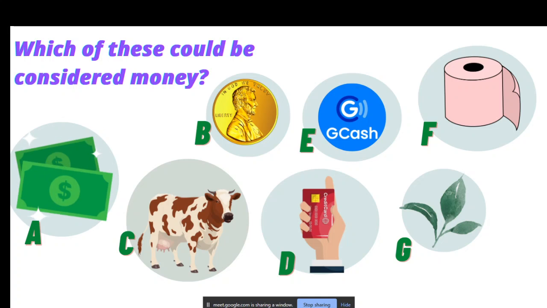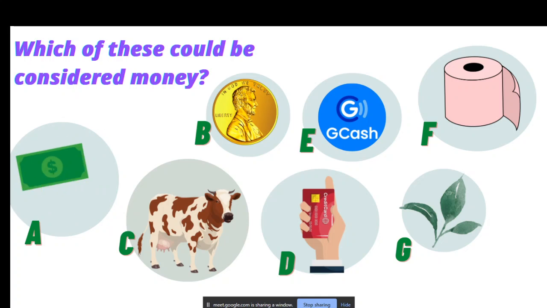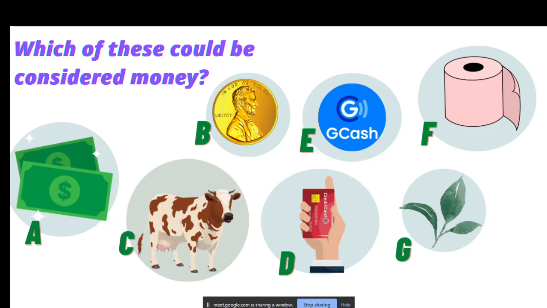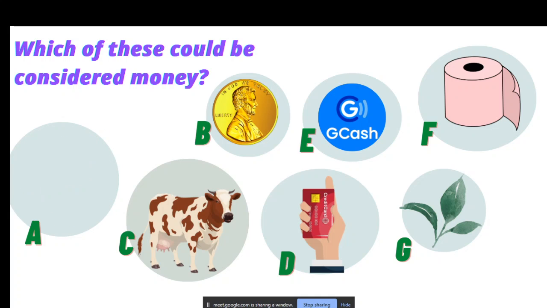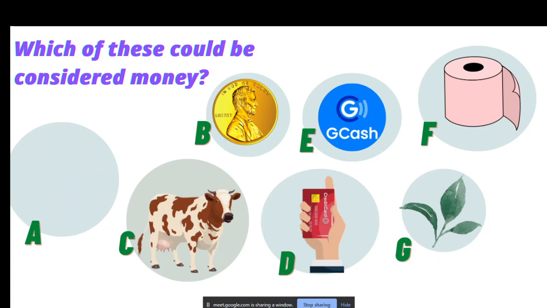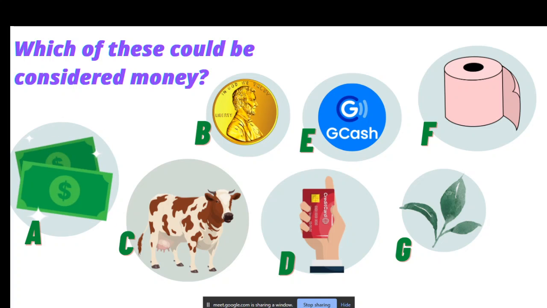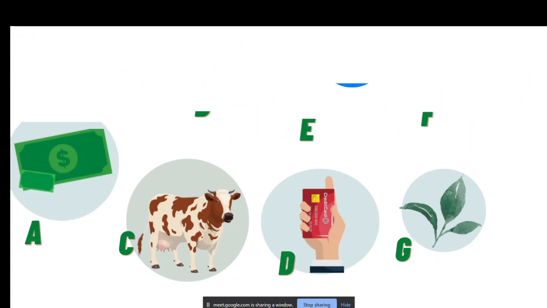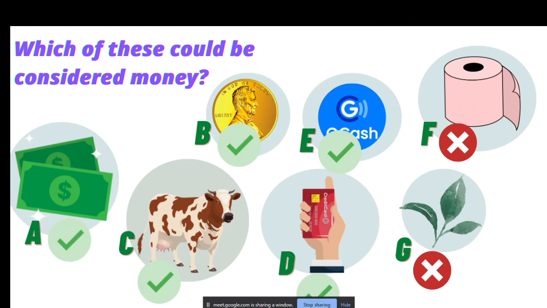So in that sense, Brent is correct sometimes, 'di ba, in certain situations. But with regards to the universality of using toilet paper as well as leaves for money, generally it's not as accepted as the other 1, 2, 3, 4, 5, 'di ba? Yung cash natin, yung cow natin, which is even though it's not as portable as the rest, it's still considered to be acceptable form of money. You have the coins, GCash, as well as your credit cards. Ayan. Gets ba yung concept?